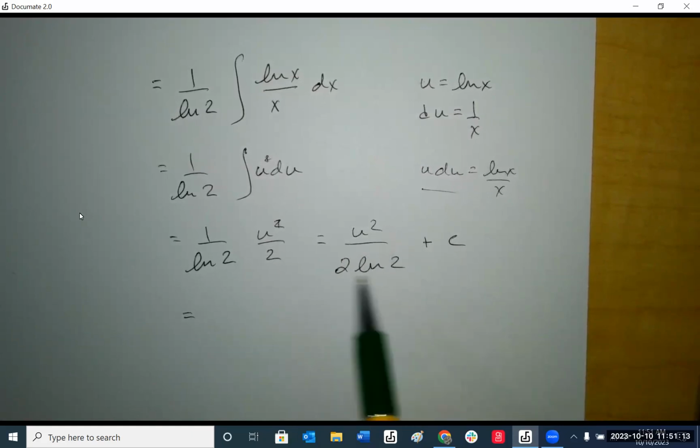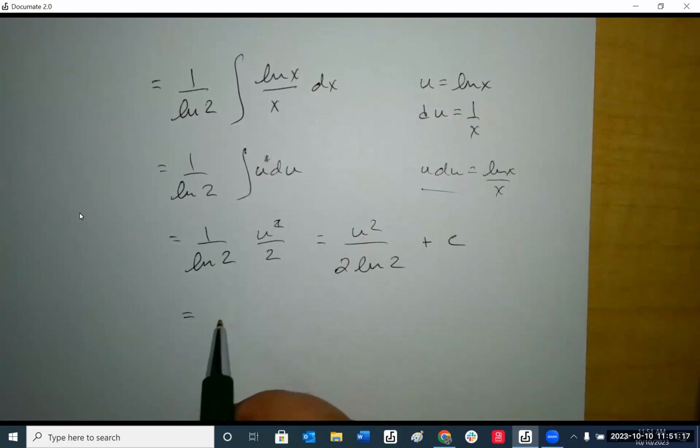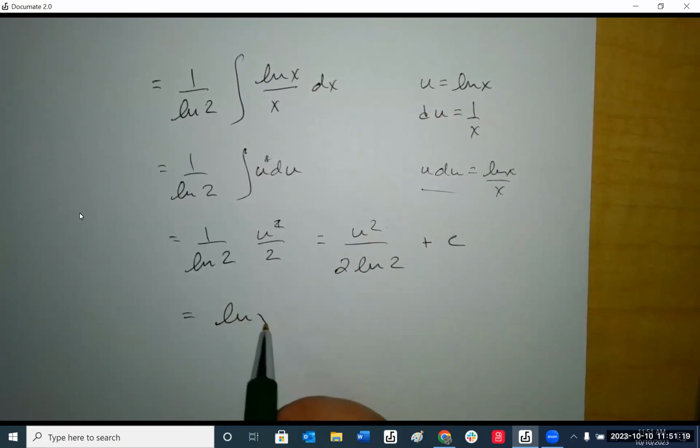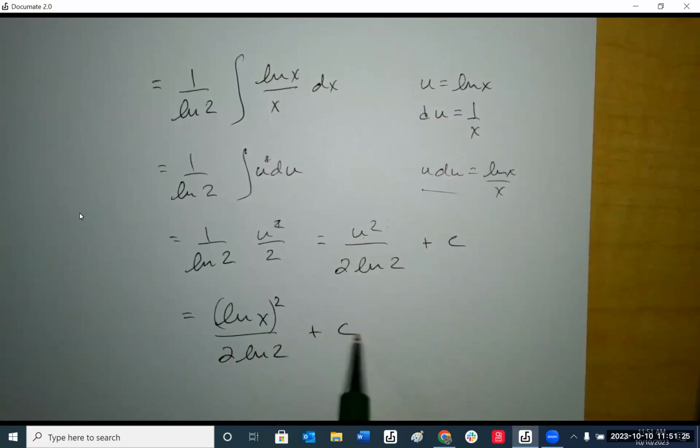So u squared over 2, u was ln x. So we have ln x squared over 2 ln 2 plus c.